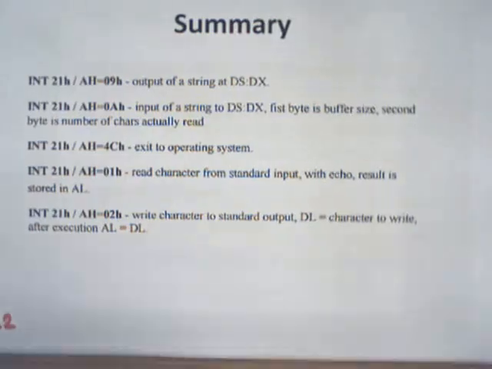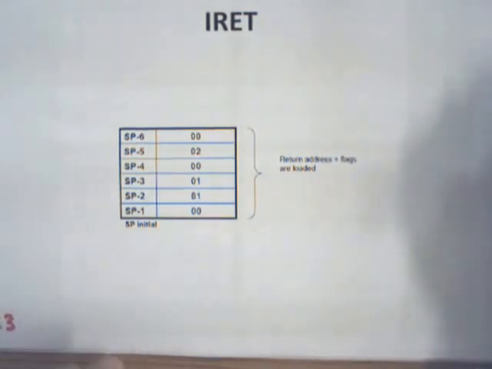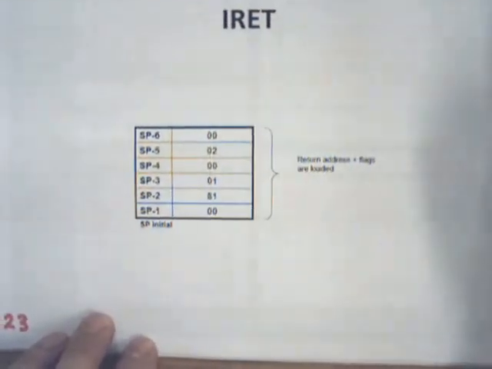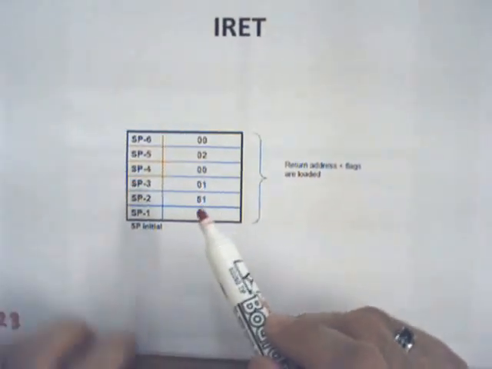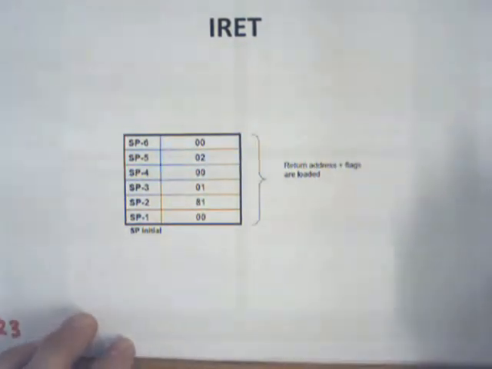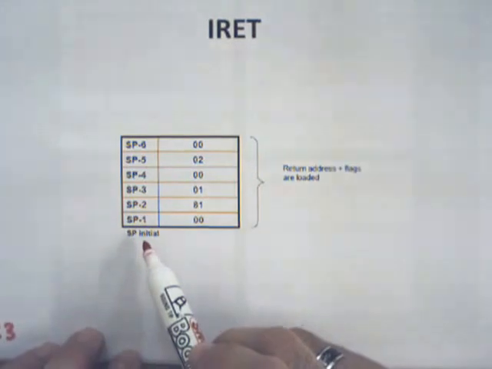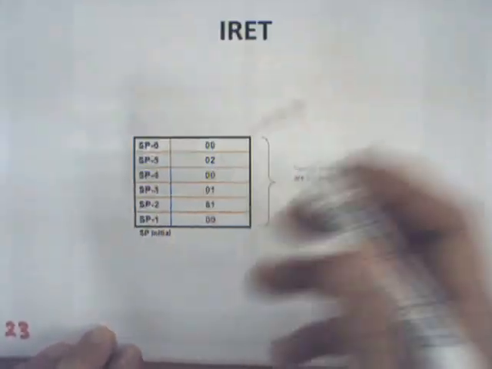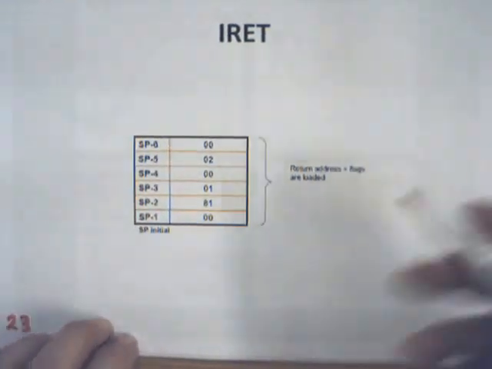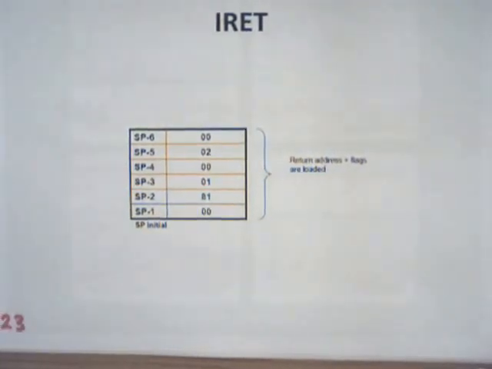Whatever the interrupt is, it ends, like all subroutines, with IRET. On return, the registers are restored to their original values from the stack, and all the flags, return addresses and segment addresses are loaded back into the system.